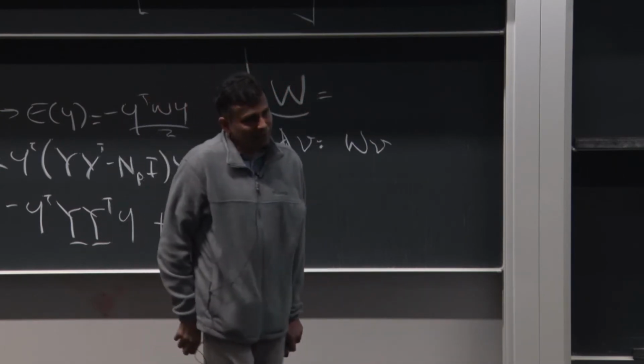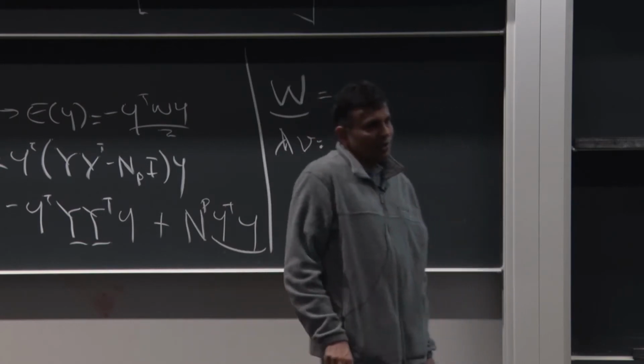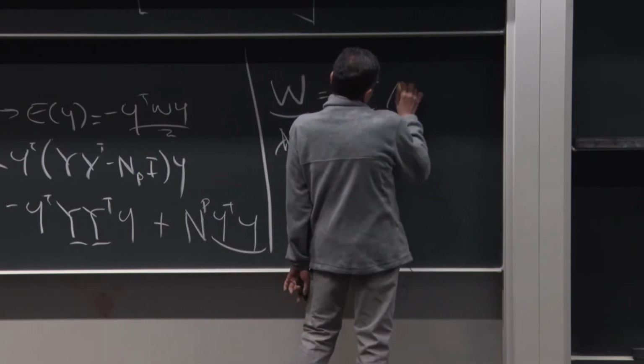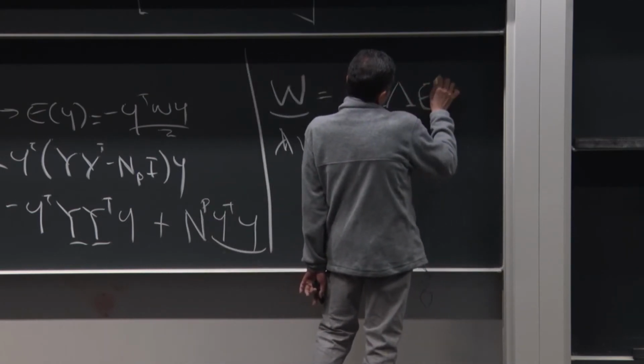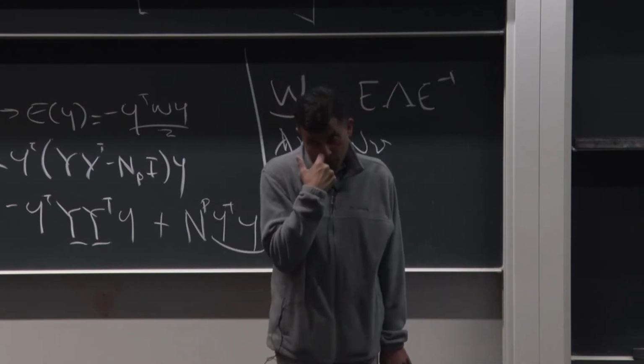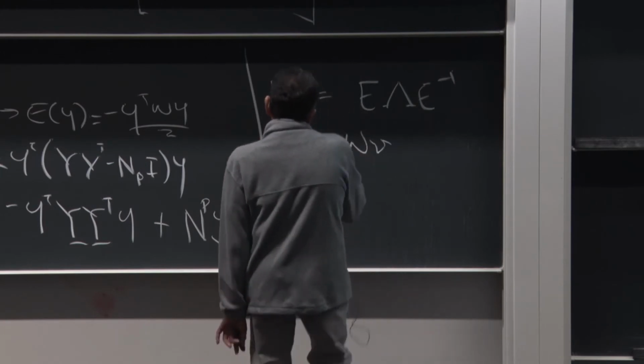Anybody remember? This was E times lambda times E inverse, right? This was the standard eigen decomposition of any matrix.